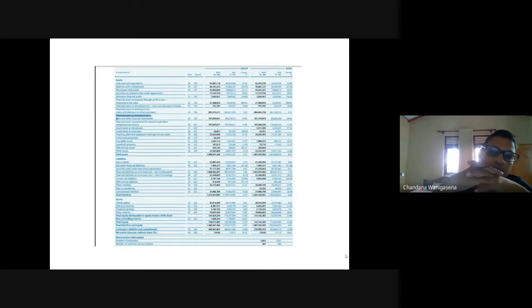Other than that, we have LCs, letters of credit, and export bills. All these are part and parcel of contingent liabilities, what we call off balance sheet items, not within the balance sheet, and they are not interest bearing.